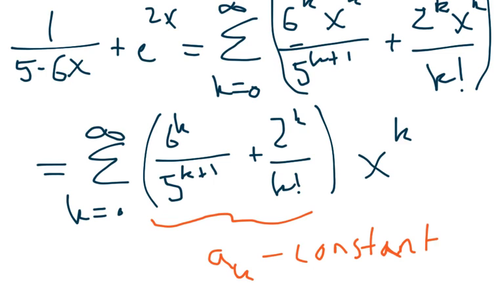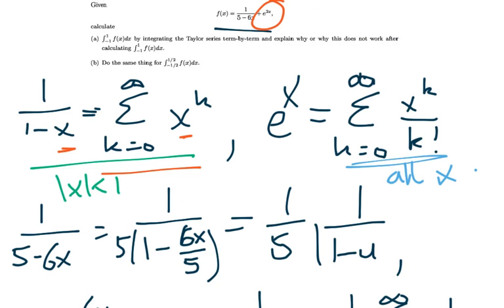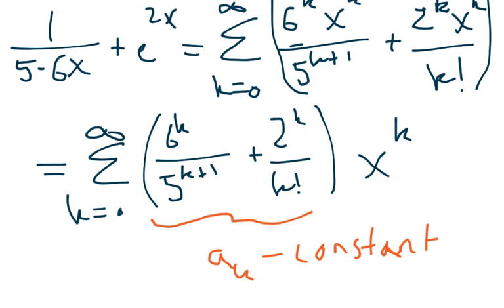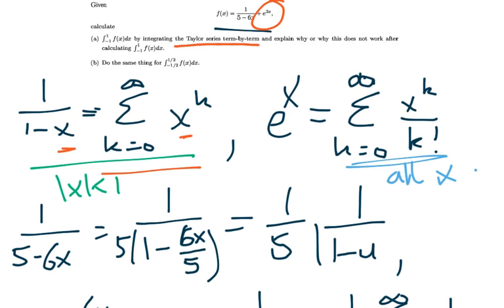So now we want to integrate this thing, right? This is our goal, we want to integrate this Taylor series term by term. And we're going to integrate from -1 to 1. So what that means is that we're going to do the sum from k equals 0 to infinity, of the integral from -1 to 1. So now we're going to sum over all the stuff.